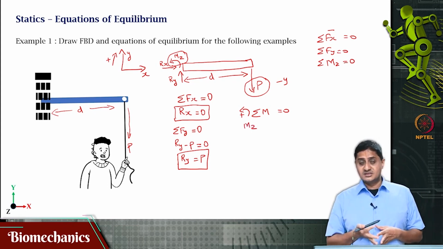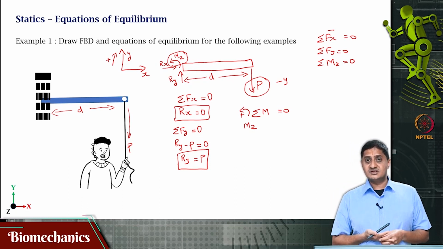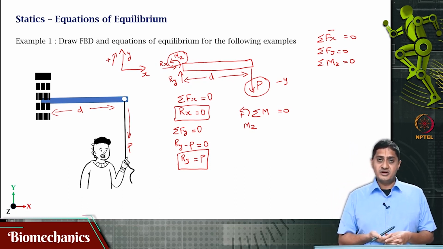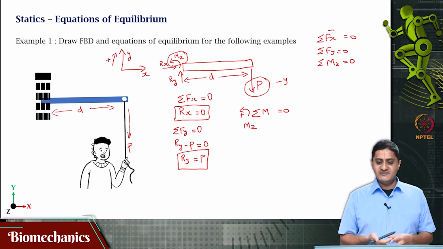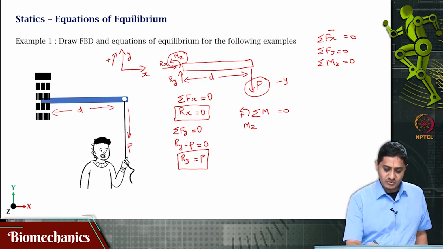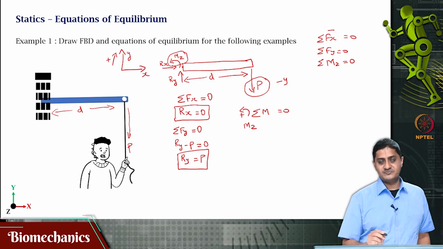There are three forces, and each of these three forces may cause a moment depending on the point about which you are taking the moment. Okay. They may cause a moment, but conveniently I am going to take the moment about this point.